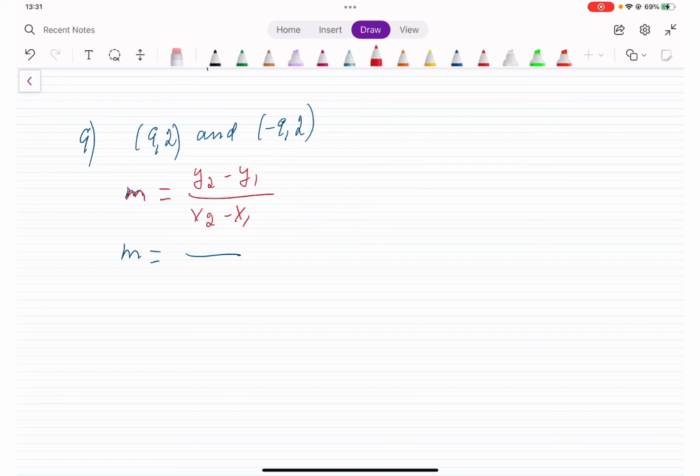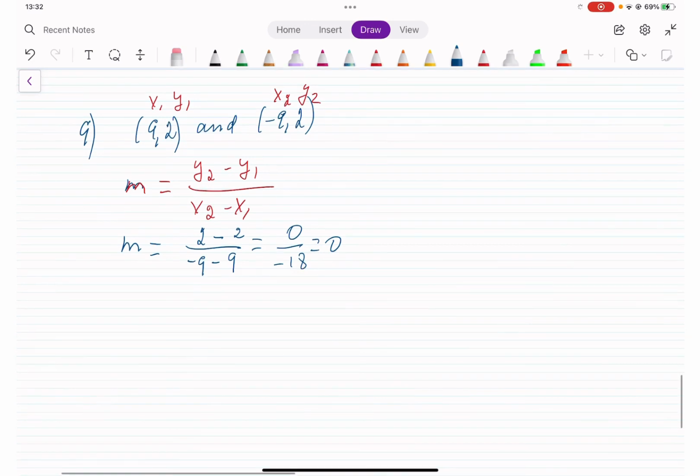This is our x1, y1, x2, y2. Okay, y2 is 2, y1 is 2, x2 is negative 9, and x1 is 9. So what we are going to get here is 0 over negative 18, which is equal to 0. So the slope is 0.